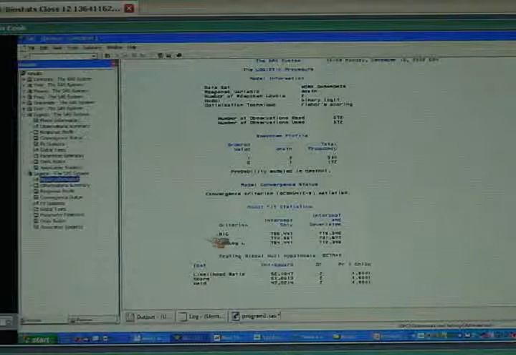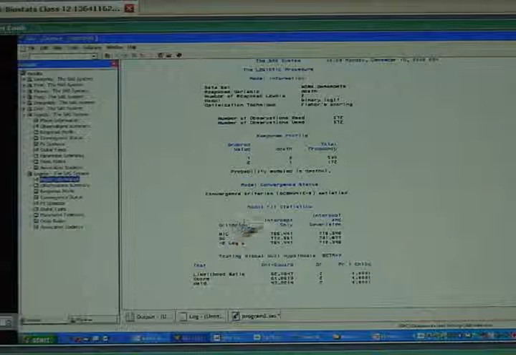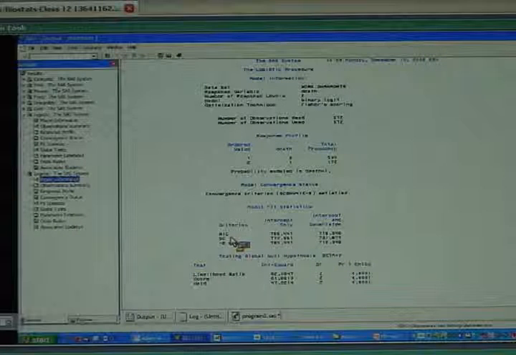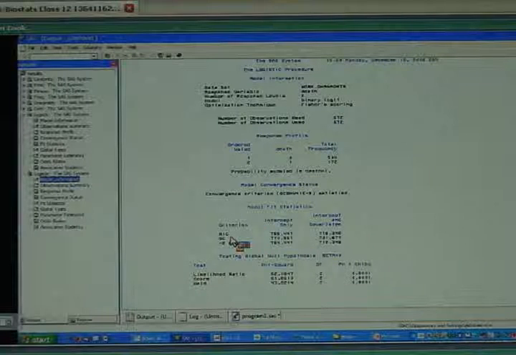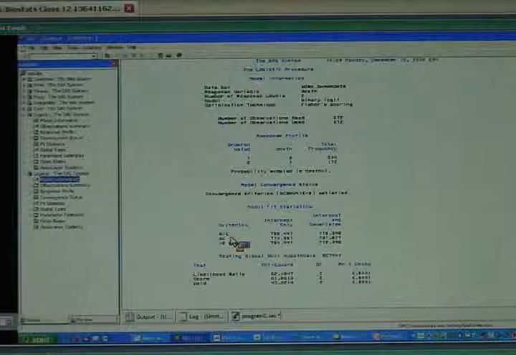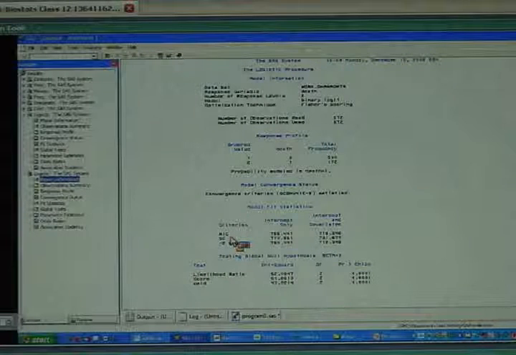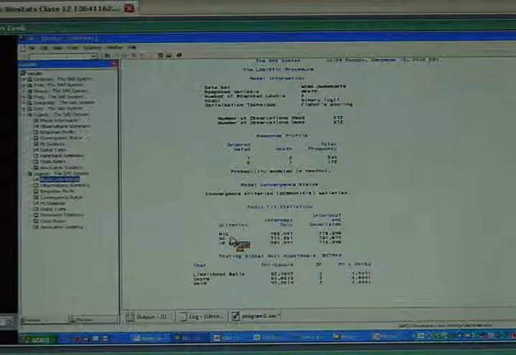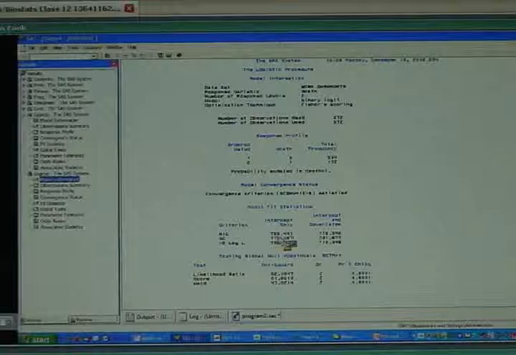But before we do that, let me just point out one other piece of information on this printout that we haven't talked about before. There's this label AIC, as a criterion for model fitting. AIC, I think I might have mentioned, stands for Akaike's Information Criterion, named after the Japanese statistician Akaike, who developed this information criterion.